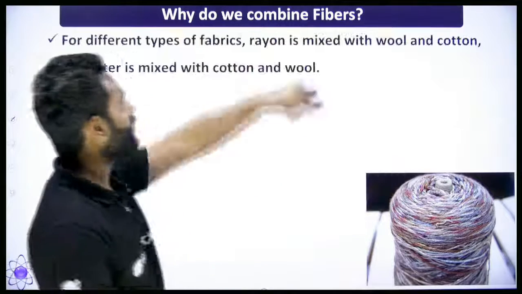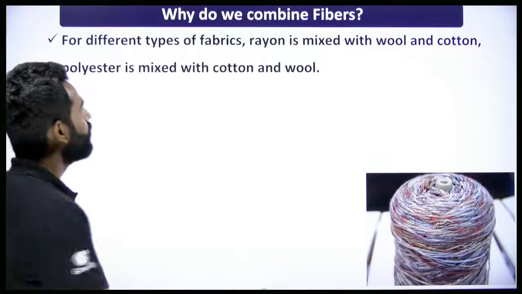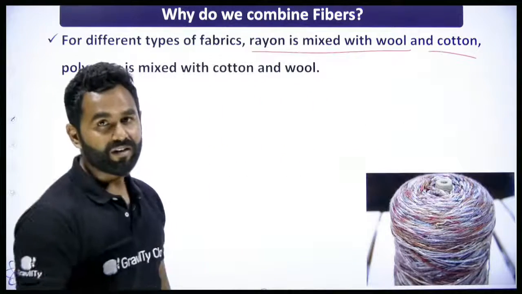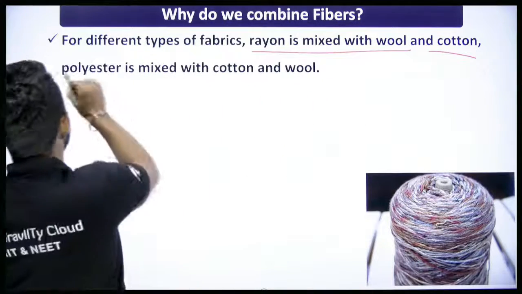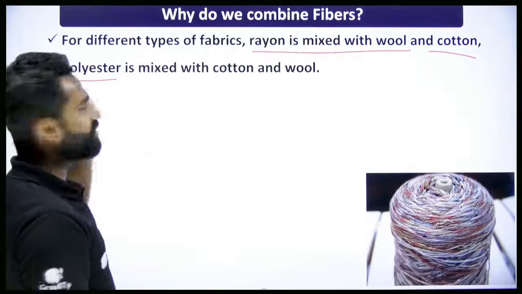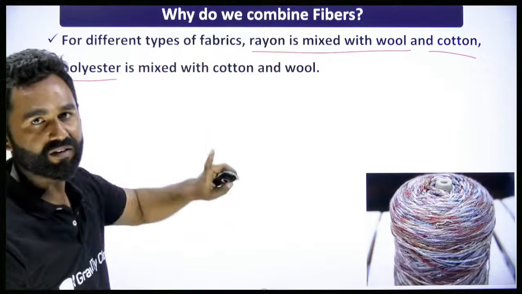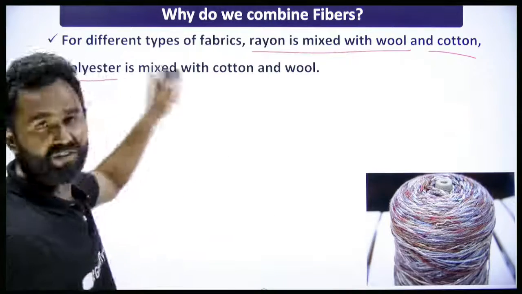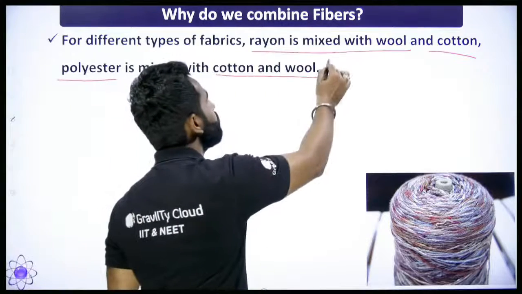So why do we combine the fibers? Just like I told you, rayon is combined with wool or cotton. Similarly, polyester is another type of synthetic fiber, which we will understand. Polyester is mixed with cotton and wool.